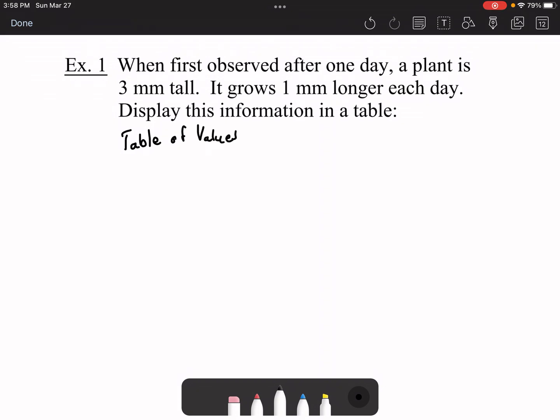So with the table of values, what you do is you start with your independent variable, which in this case is just time, specifically in days.